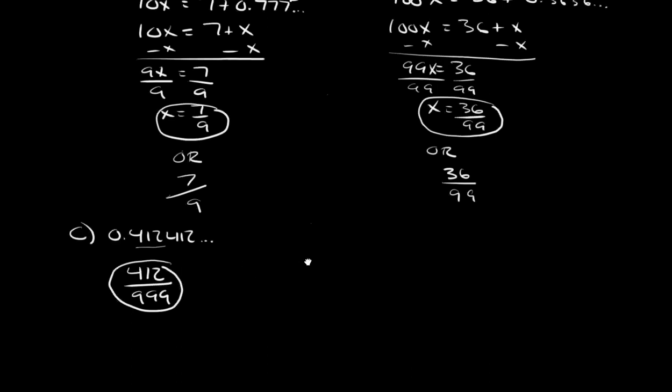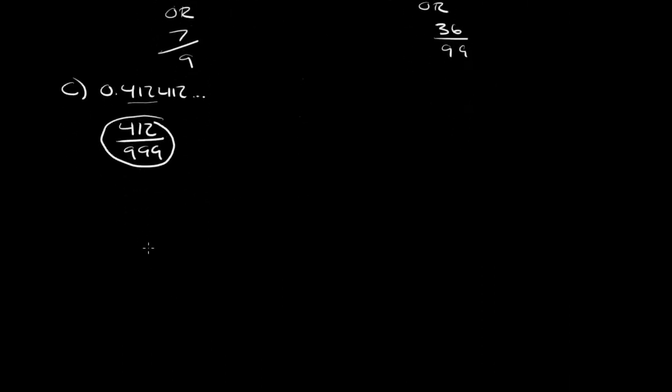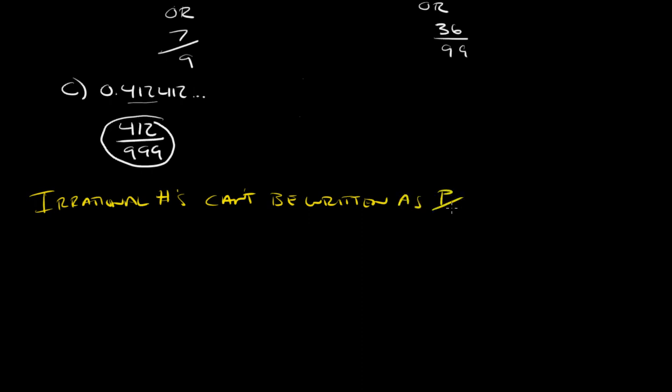One last quick thing to talk about is irrational numbers. Irrational numbers can't be written as P over Q. It won't work.